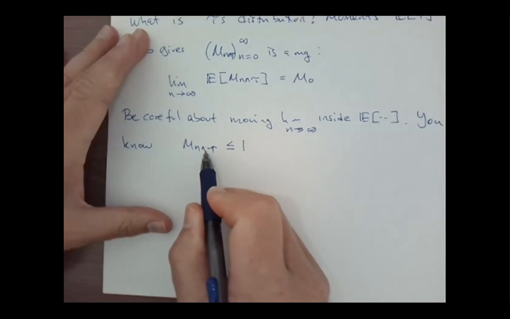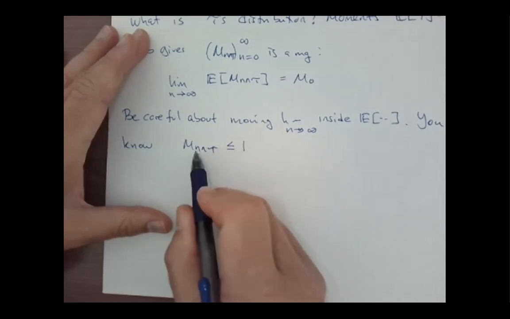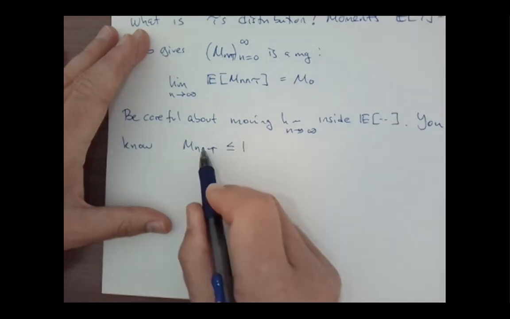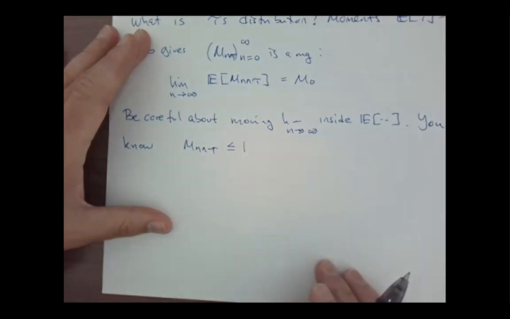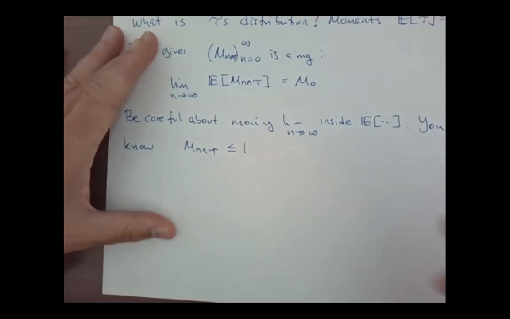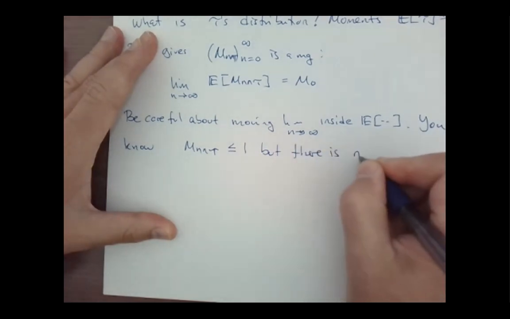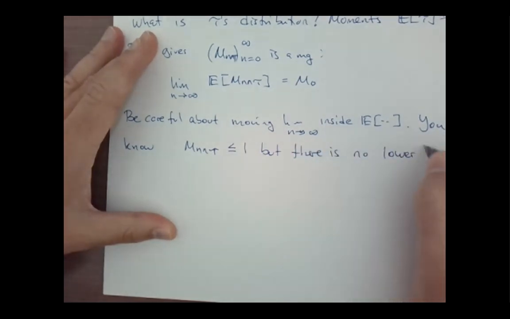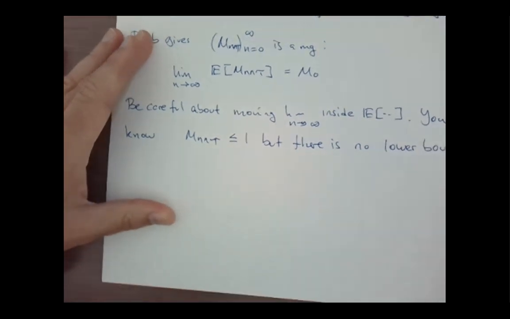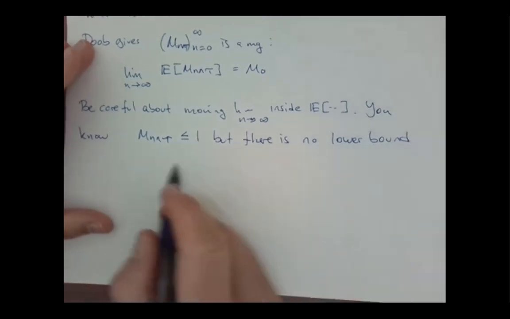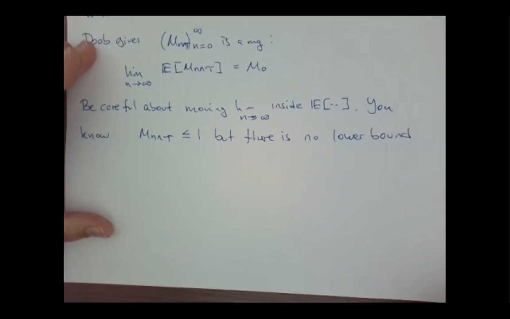And it gets frozen at time tau. When you get beyond tau, it's never going to move again, and up to and including time tau it is less than or equal to 1. But there's no lower bound. It can behave arbitrarily badly from below. So you have an upper bound, but no lower bound.